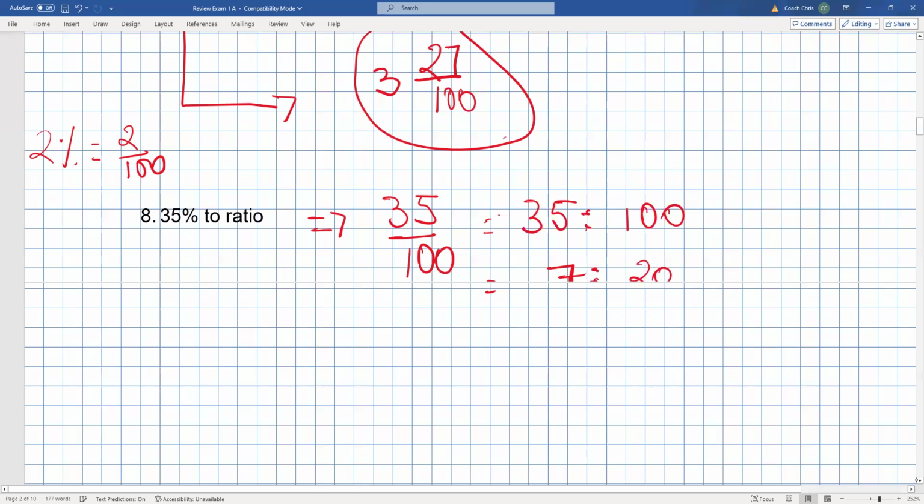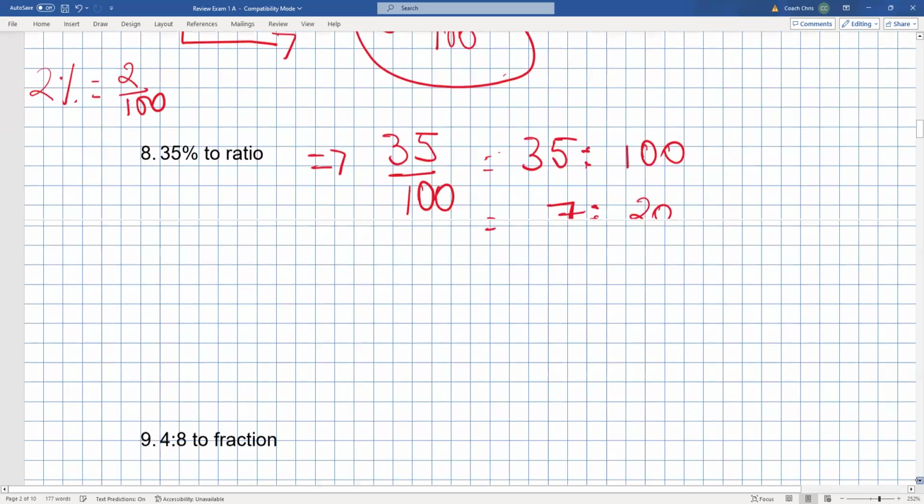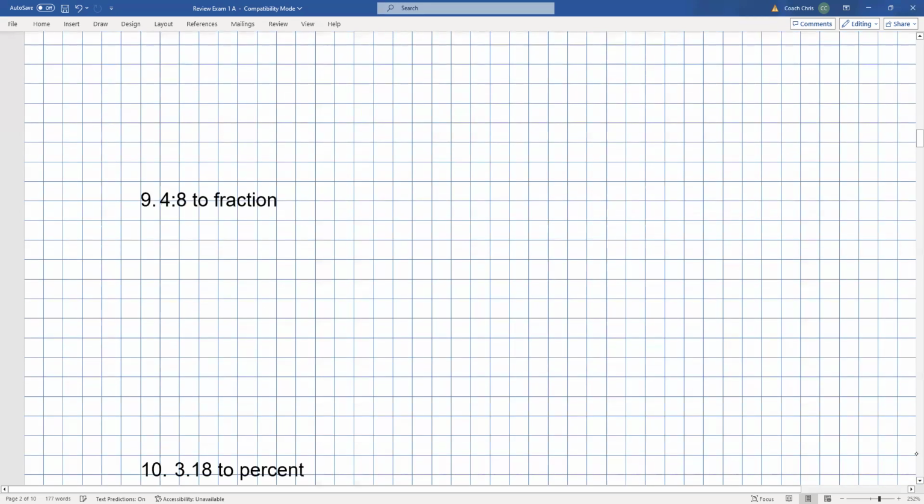All right? Okay. So right here, you have a ratio to a fraction. Once again, the number to the left of the semicolon is your numerator, you put it on the top. And then to the right of the semicolon, that's your denominator. So simplify both.